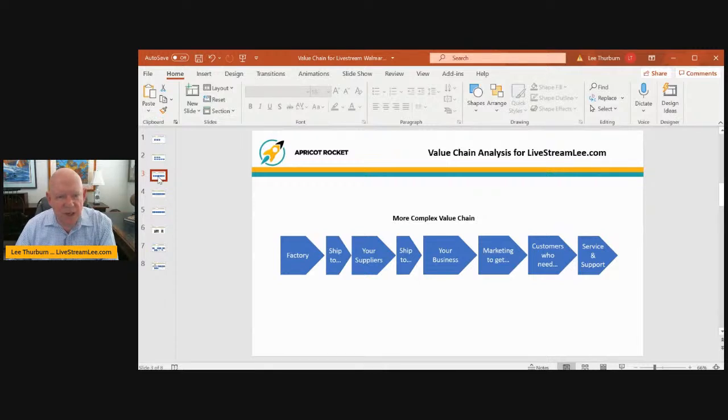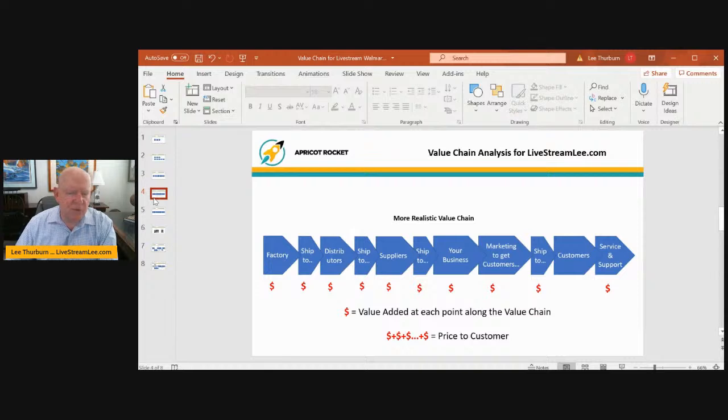A slightly more detailed look at a value chain, as we again stretch this out a little bit more to look at a deeper level of detail. In a realistic manufacturing or retailing process, you're going to have, again, your business in the middle.